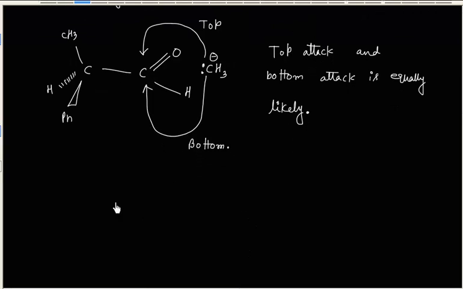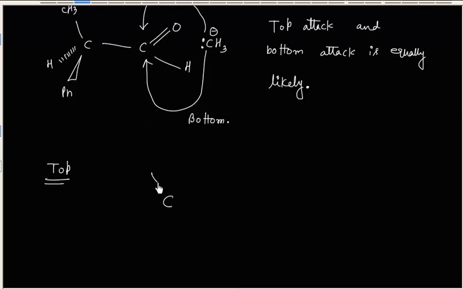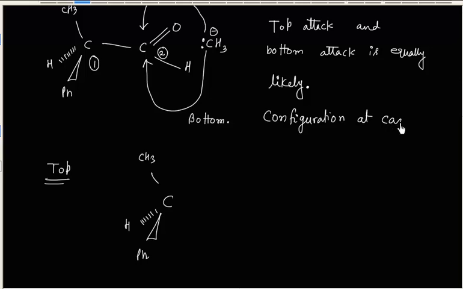So let us say if I write the product after top attack, the configuration of this carbon will remain unchanged. So let us call this carbon number 1 and this carbon number 2. So we can say the configuration at carbon 1 will remain unchanged.